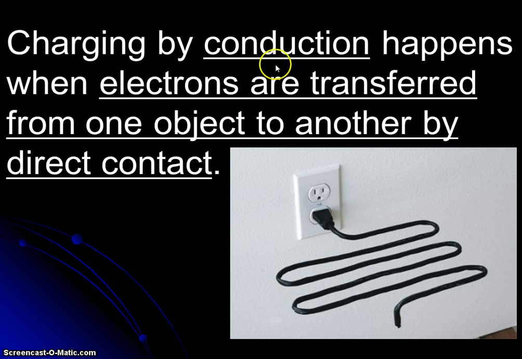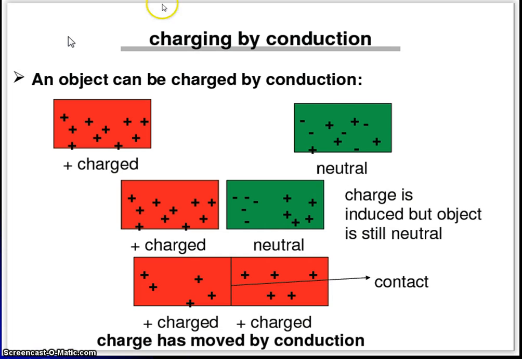When you charge something by conduction, right, electrons are transferred from one to another by direct contact. Things are in direct contact with each other, and that is how you charge or discharge. Okay, here we go, charging by conduction. You have a charged object here, you have a neutral object that is not charged. You can see this is charged. You have all these positives here.